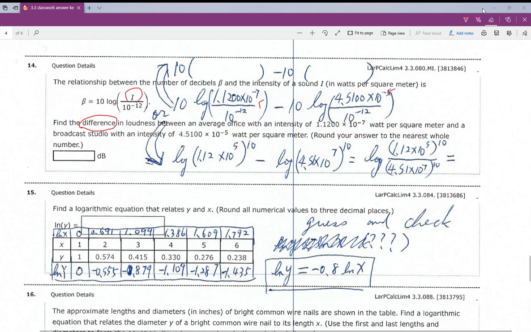Okay, so if you need to find the difference, then you need to use the formula twice. So this will be the first formula, subtract the second formula, and according to the given, the first intensity here, second intensity there.